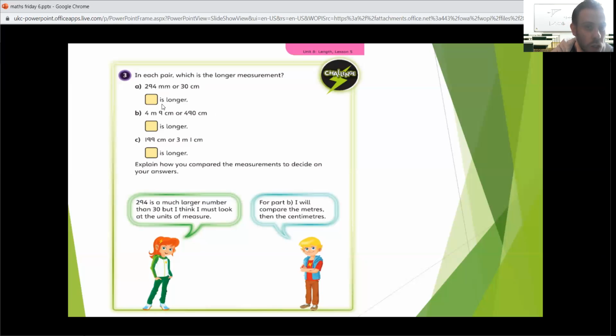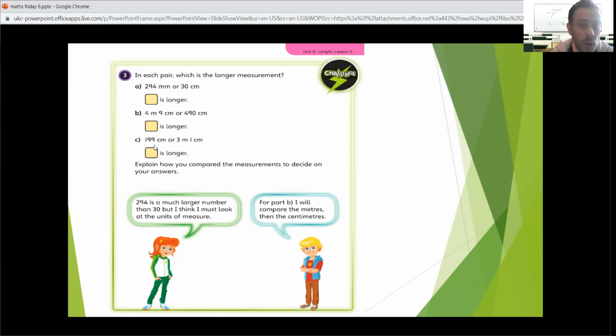It'll help you. So for B, we've got 4 meters and 9 centimeters, and 490 centimeters. So for this one, if I change this one to centimeters, that'd be 409. Well, that's not as much as 490, is it? So the length is 490 centimeters.